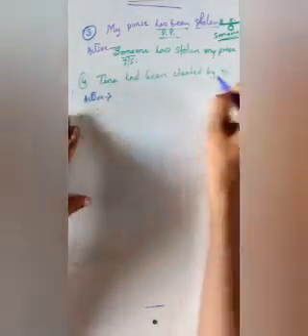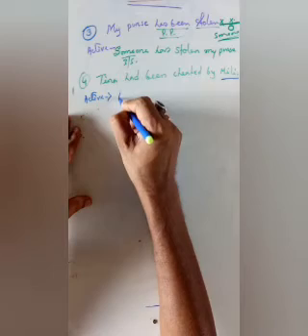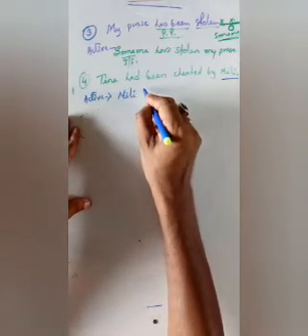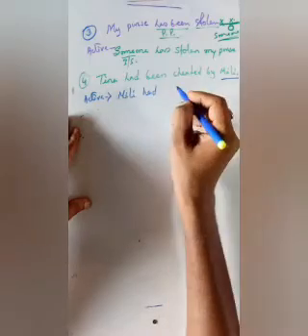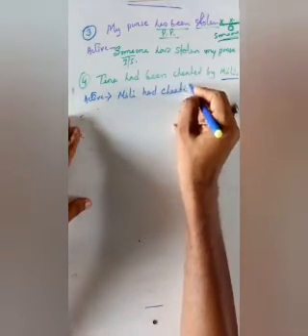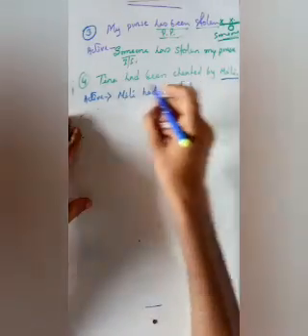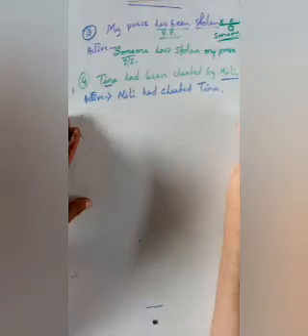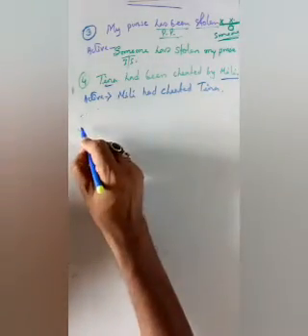So let's start. By Millie. So Millie is the object. It will be the subject. Millie, past perfect tense. Millie had cheated, the same form. Subject is Tina. So here the object will be Tina. Now number 5.